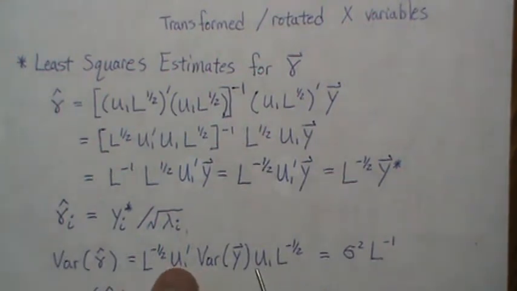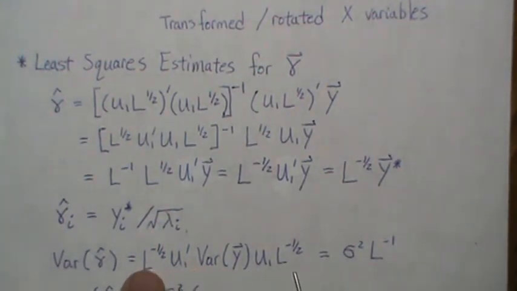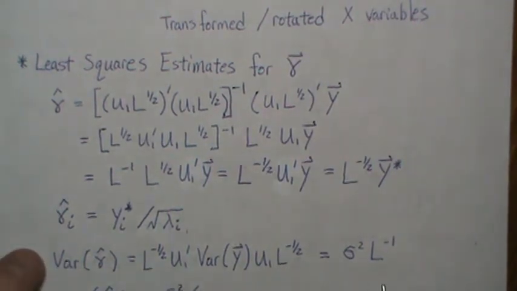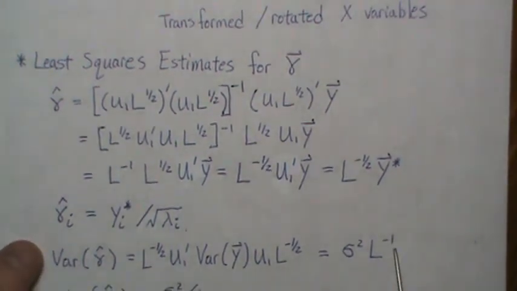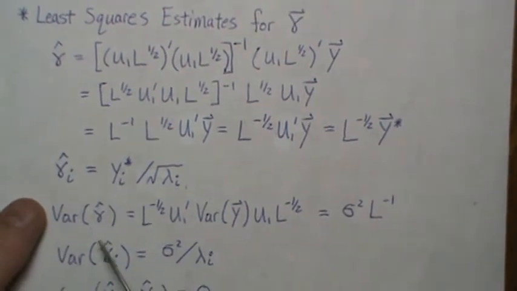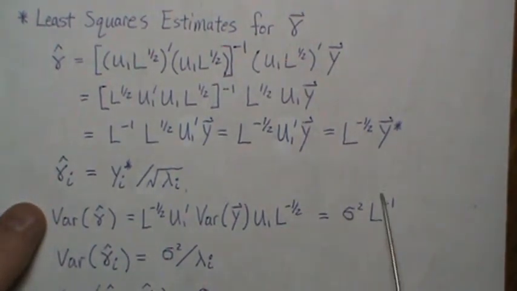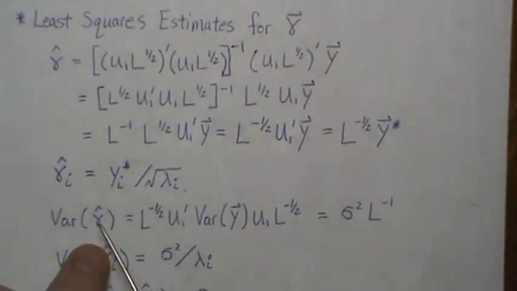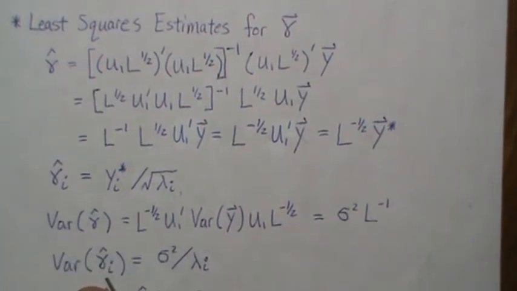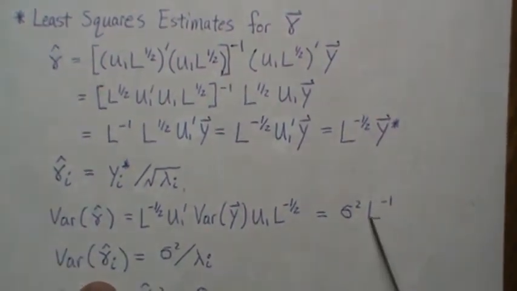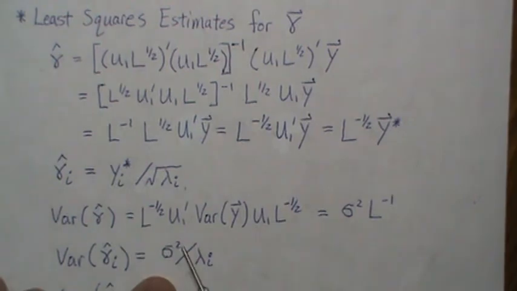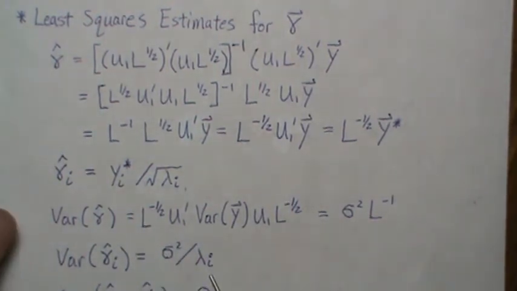This combines, well, that's the identity matrix, and then L to the minus 1/2, L to the minus 1/2 is L to the minus 1. So this is a diagonal matrix. If we look at the variance of one of these, say gamma i, then we want the ith diagonal, which is this, sigma squared lambda i.